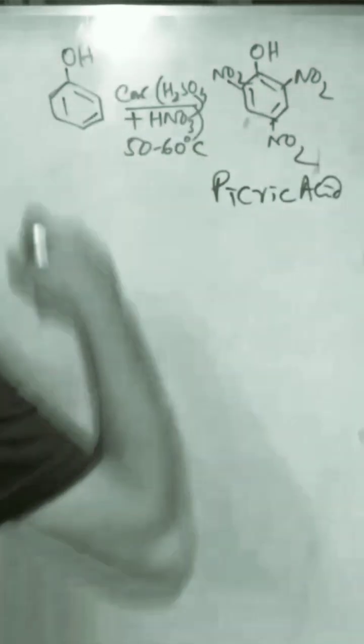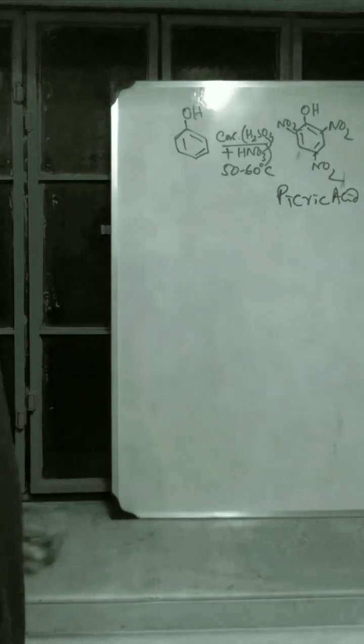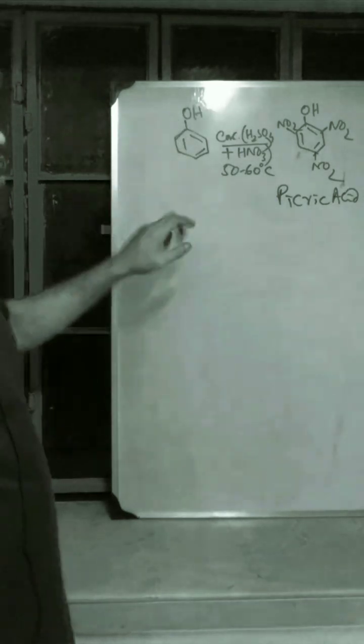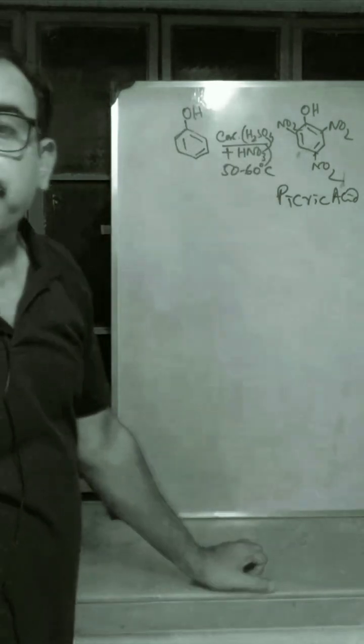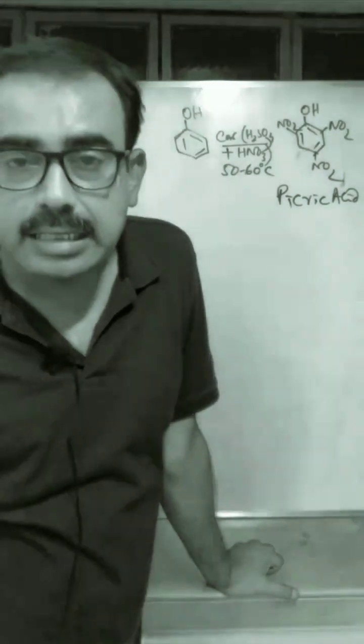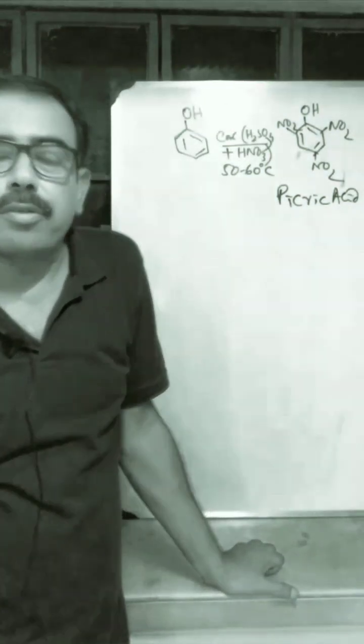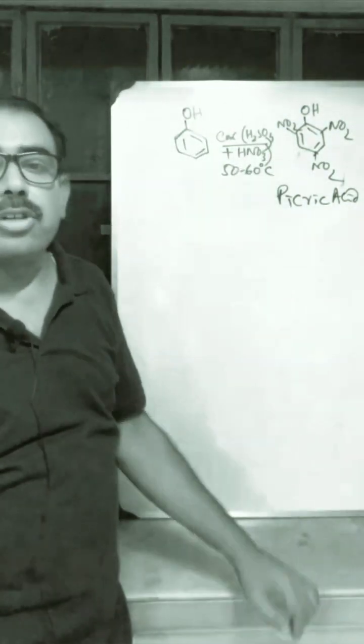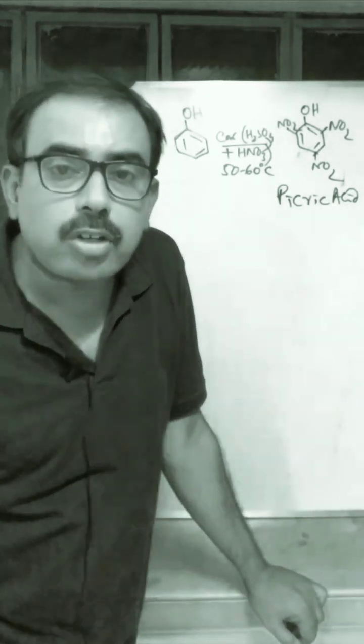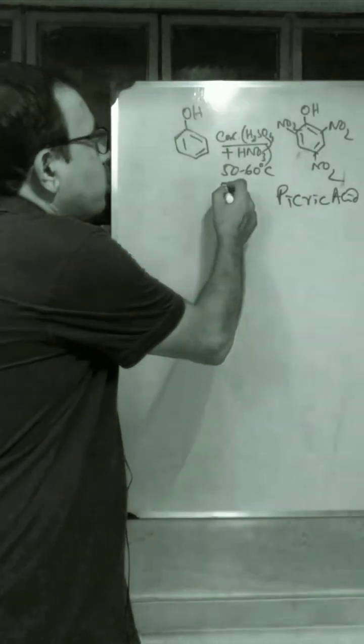So why does this happen? The OH group is an electron donating group. The mixture of concentrated sulfuric acid and nitric acid at 50 to 60 degrees centigrade is a nitrating mixture. The electrophile generated is NO2 plus.